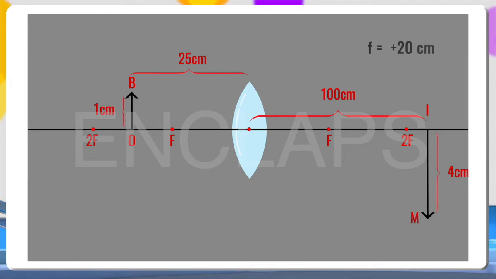Let's assume the focal length of the lens is 20 centimeters. Since it is a convex lens, the focal length is taken as positive. So, the focal length is positive 20 centimeters. In this figure, u is equal to negative 25 centimeters, v is equal to positive 100 centimeters.